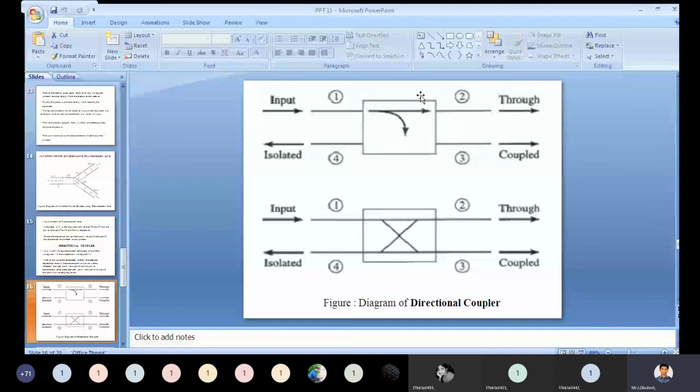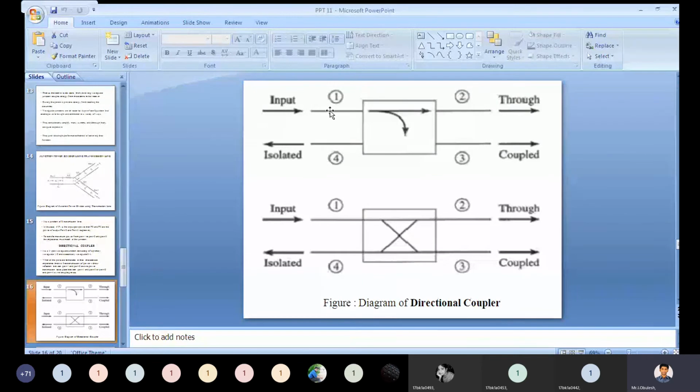It is a 4-port waveguide junction consisting of a primary waveguide, 1 to 2, and a secondary waveguide, 3 to 4, so there are 2 waveguides. The first is the primary waveguide and the second is the secondary waveguide. The primary waveguide has ports 1 and 2 and the secondary waveguide has ports 3 and 4.